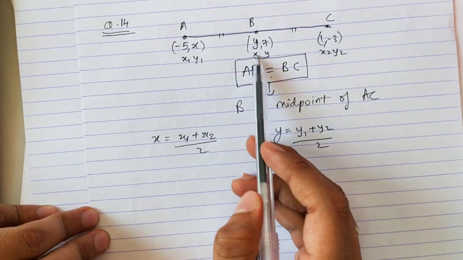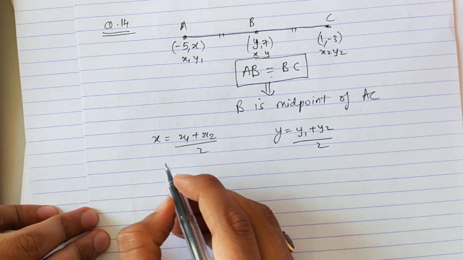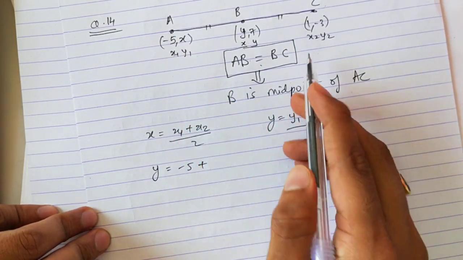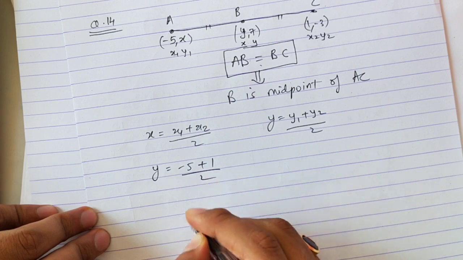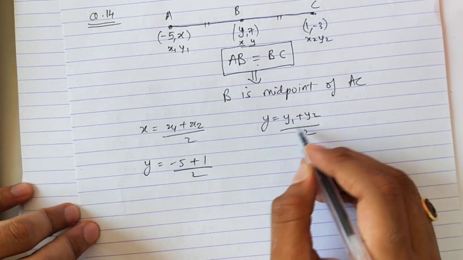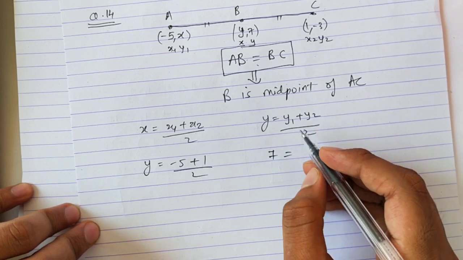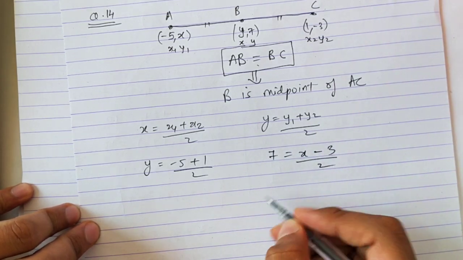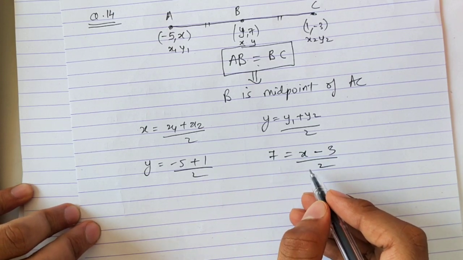Let's substitute the values. The value of X is variable Y. X1 is minus 5. X2 is 1, upon 2. You can solve this. You'll get the value of Y. Here value of Y is 7. Y1 is X. Y2 is minus 3. Solve this, you'll get the value of X also.